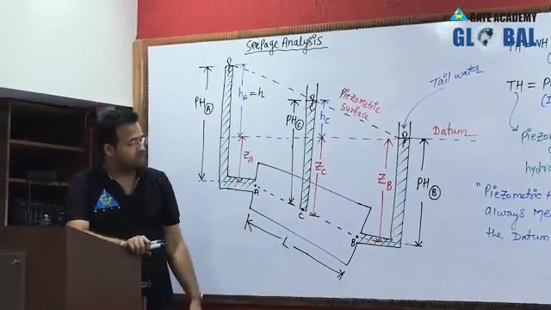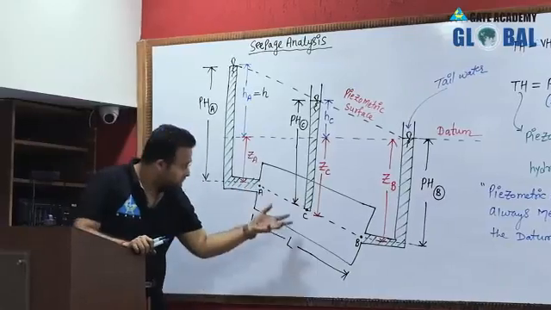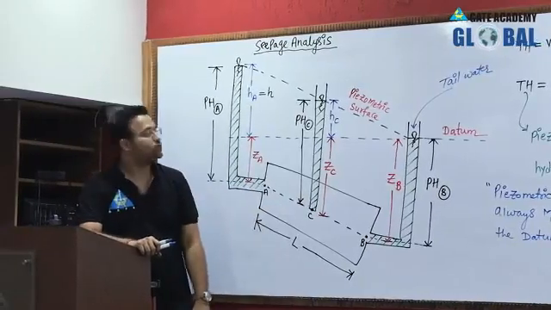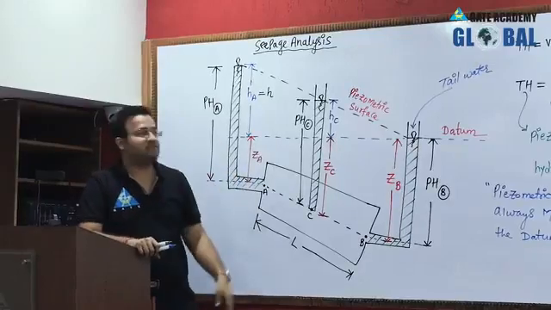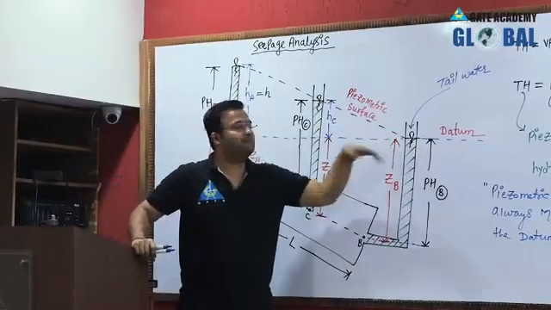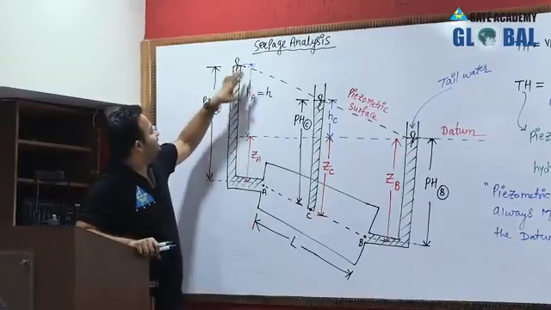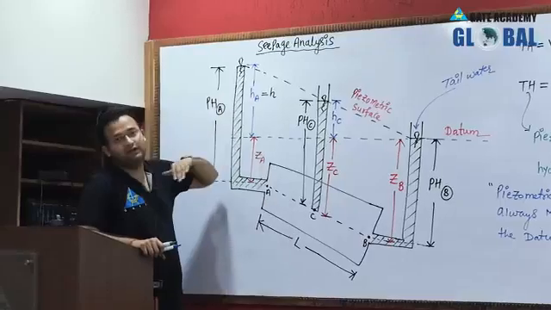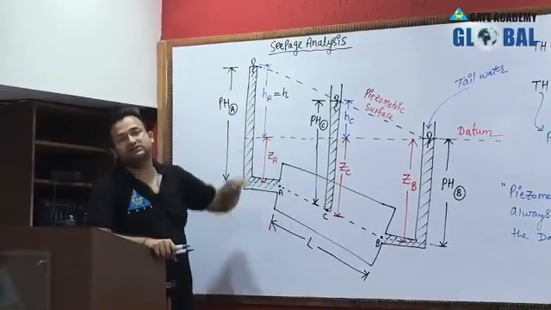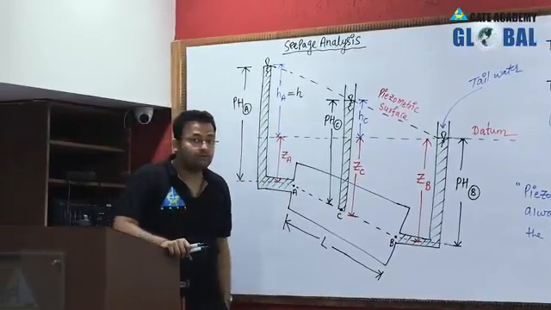So generally authors and geotechnical engineers suggest to consider the datum at the tailwater, so the calculation becomes easy because head at B becomes 0. So finally the available head at A will become the hydraulic head, the head loss, and the head causing flow.